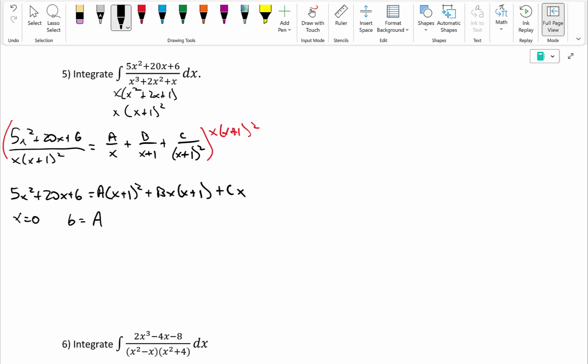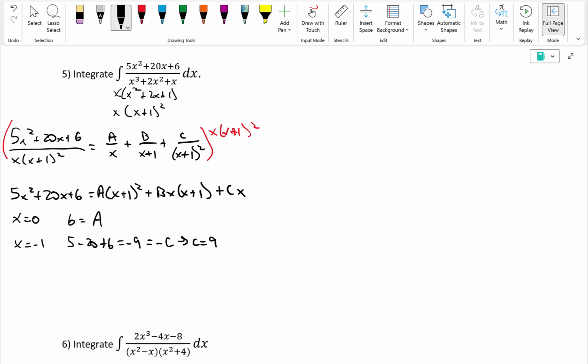Right, 0 plus 1 squared would just be 1. The bx and cx terms would go to 0 if x is 0. And then if x is negative 1, we get 5 minus 20 plus 6, or negative 9, is equal to, the a and b terms would go away here with that x plus 1 factor, and we just get negative c, which would say c is 9.